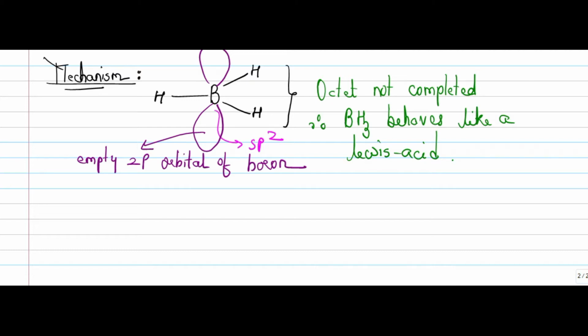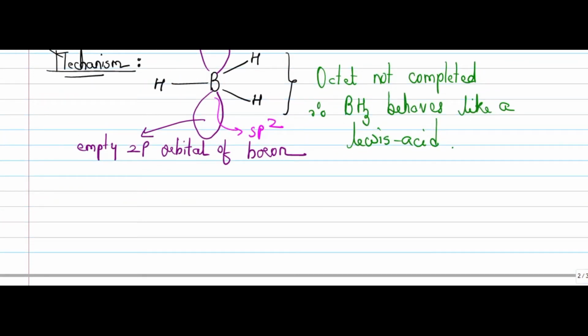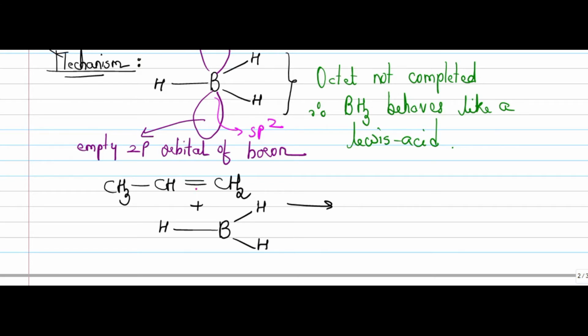Now let us understand what would happen when BH3 is added along with an alkene. If I take an alkene like this, the same alkene, CH double bond CH2, and put boron here, and there's this empty orbital, the first thing that happens is this moves here and this moves here.